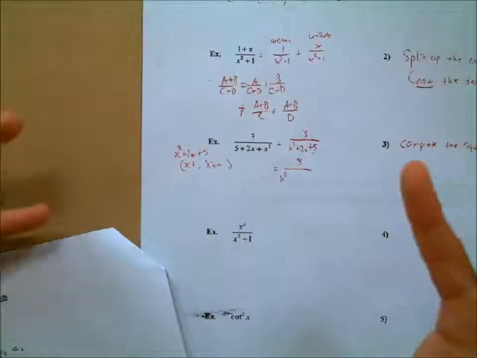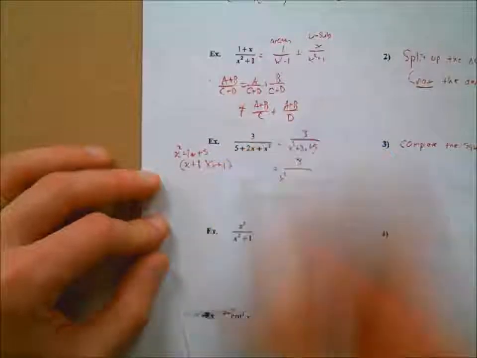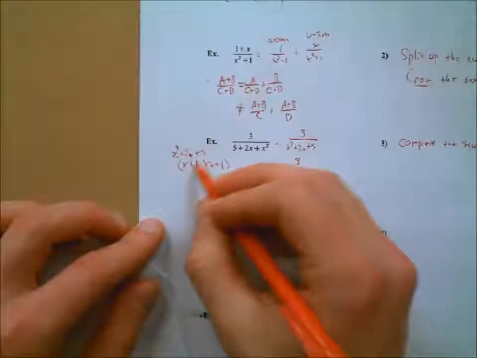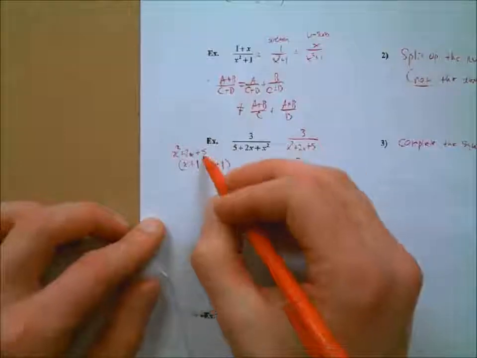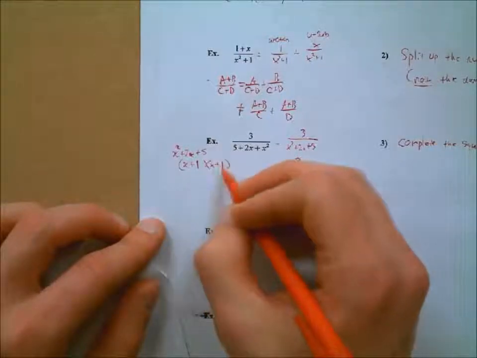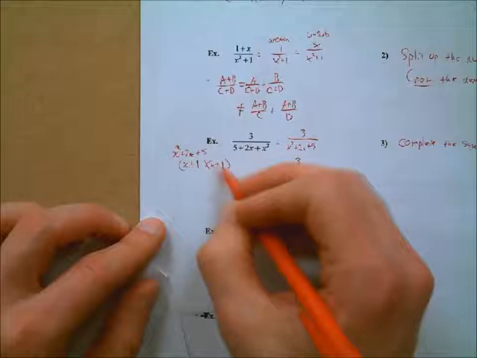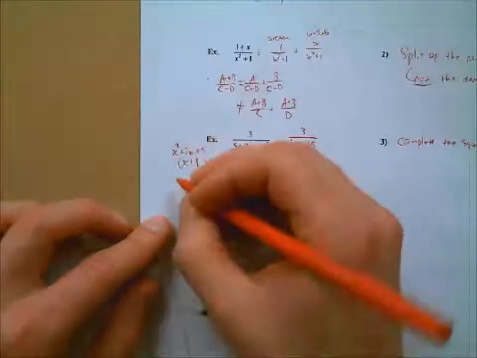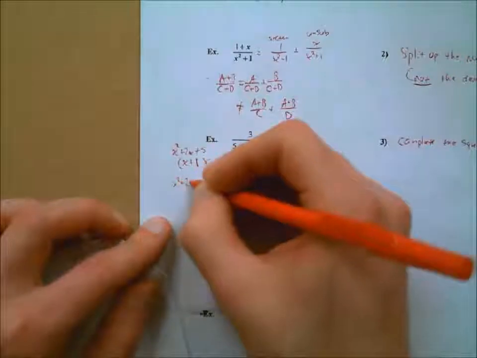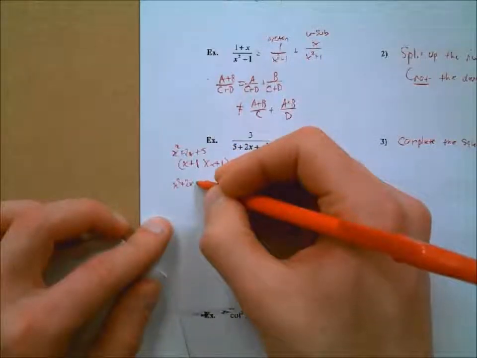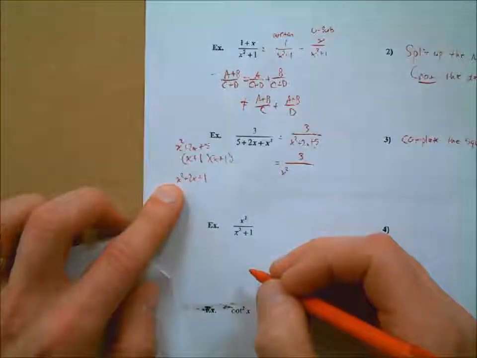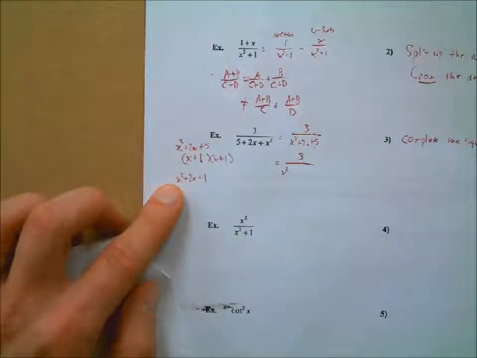1 and 1, right? But the problem is, if we say this factors to be x plus 1 times x plus 1, well, then the 1s don't multiply to make 5, they multiply to make 1. Right? So here's what we're going to do. We take the x squared plus 2x, and we're going to put in a plus 1 there like we want it to be. Okay? But then because we brought in a plus 1, we have to balance that out, right?